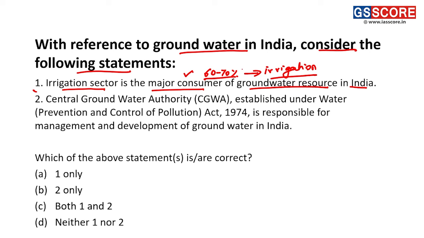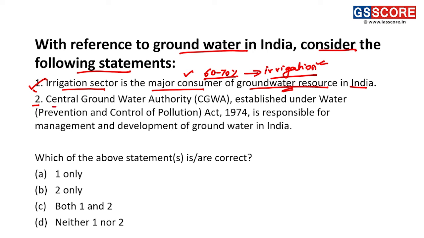Majorly, we see this in the part of northwestern India and in the part of western Uttar Pradesh. Here the groundwater is highly used in the agricultural sector for growing crops like wheat, rice, maize, pulses, etc. Thus making statement 1 a correct statement.